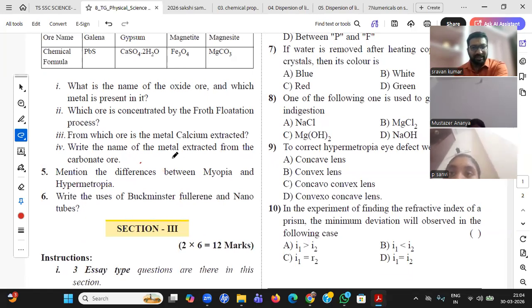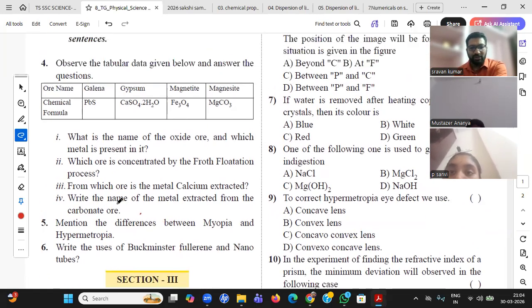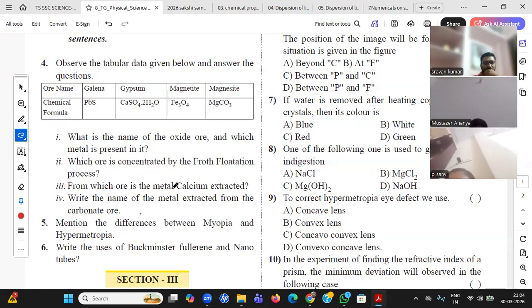Okay. Write the name of metal extracted from carbonate ore. Which metal is extracted from carbonate ore? What is the metal name? Which metal is extracted from carbonate ore? You see, it's a sulfide ore. It's a sulfate ore. It's an oxide ore. It's a carbonate ore. So he's speaking about this ore. So which metal can you remove from this ore?